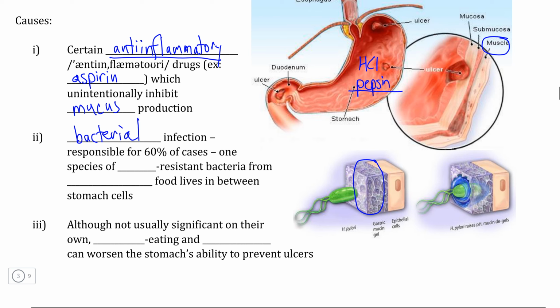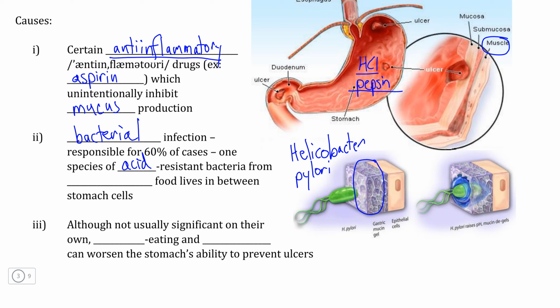Now, actually, the most common example of medical conditions that lead to an ulcer are bacterial infections, which are usually the result of a very specific type of bacteria called Helicobacter pylori. You don't need to remember this name because there's a case study right after this that you can go over. And Helicobacter pylori is a very nasty individual because, number one, it has evolved to be acid resistant, meaning that it can withstand the damage done by hydrochloric acid inside of the stomach long enough to be able to get to the walls.